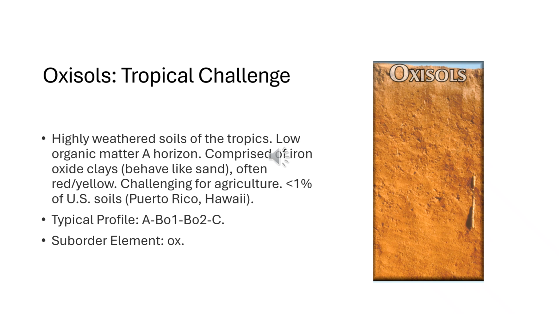These soils are very challenging to manage for agriculture, because you have so much leaching, all the nutrients get rinsed out, and they tend to be slightly acidic. In the US, oxisols are actually kind of rare, found only in Puerto Rico and Hawaii, accounting for less than 1%. Now, the tropics, if we go to Costa Rica, you'll see these types of soils.